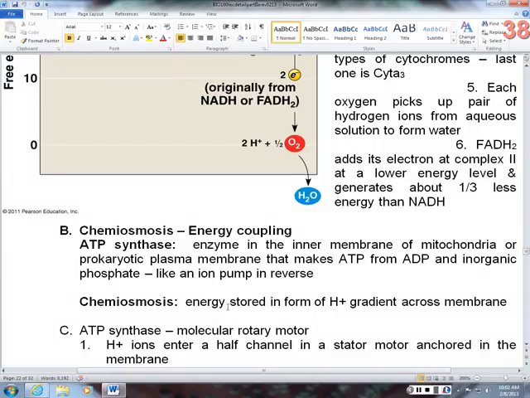So we can say we do this by chemiosmosis because you've got an osmotic gradient in there formed by these chemicals separating the hydrogens, the positives, and the electrons, the negatives, in there.